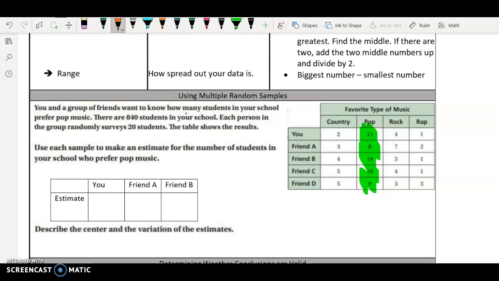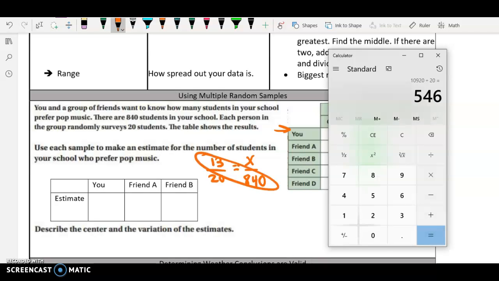So we had, so you have 13 people out of the 20 people that you asked. And so that equals some number out of 840 students in the school. So we're going to cross multiply. And so 840 times 13.